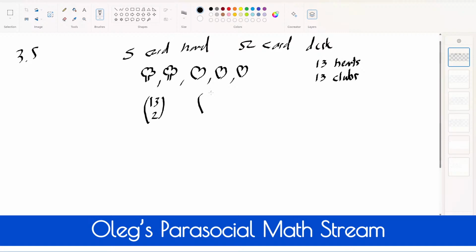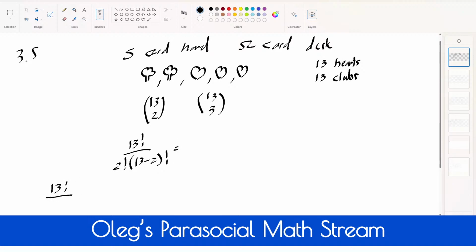And for the hearts, we're going to say 13 choose 3. So n factorial, that's going to be 13 factorial over 2 factorial times 13 minus 2 factorial. That's going to be the first formula, and then we're going to solve that, and then we're going to do the hearts.